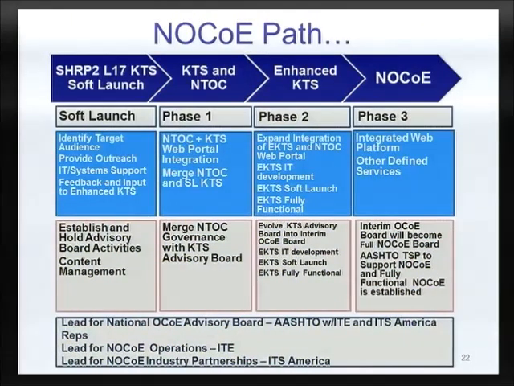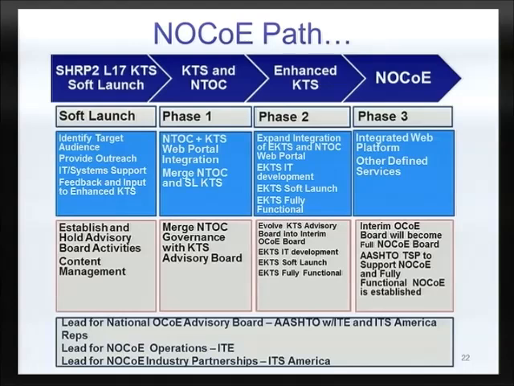So the last 2 slides, I want to put a path in front of you for the National Operations Center for Excellence. And these are very clear interchangeable terms. EKTS is not gone. Whatever I said in the first 20 slides, this presentation is about the knowledge transfer system. But if the knowledge transfer system successfully leads its enhancements, it will become the National Center for Excellence.